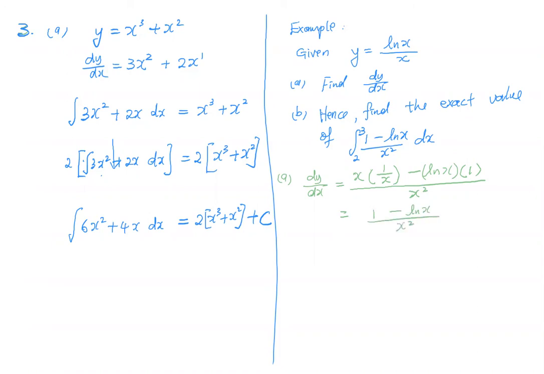Okay. This one, if you look at part A, the derivative is exactly the same as the integral of part B, am I right? So we don't have to do anything. So we can straight away write down.